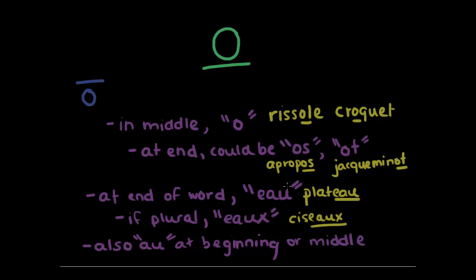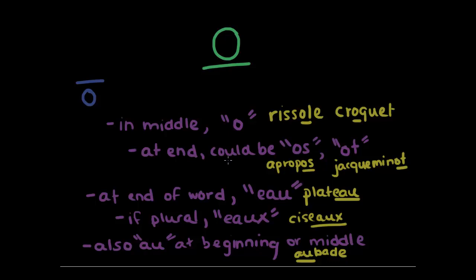Also, it could be an AU at the beginning or the middle. At the beginning, I'm thinking obad. Mostly it's going to be at the beginning, obad. AU is pretty viable for the beginning. There aren't that many French words that really start with O. I mean, there's a couple, aubergine, other ones I can think of, aubin.